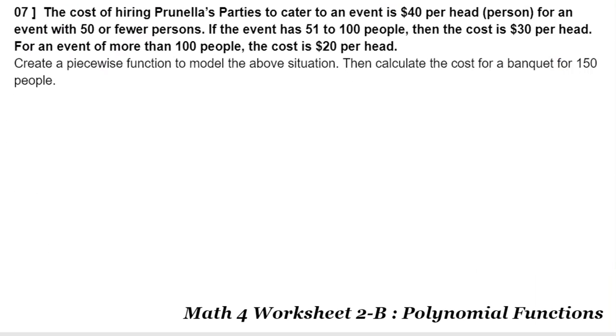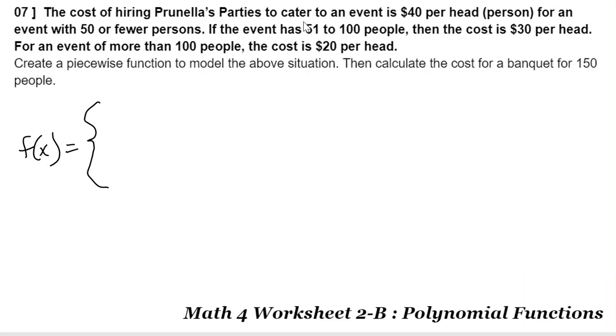So we are going to be creating a piecewise function. All right, so we've got to write the function and then calculate the cost for 150 people. All right, so we're going to do f of x, and there are 1, 2, 3 different levels of this.